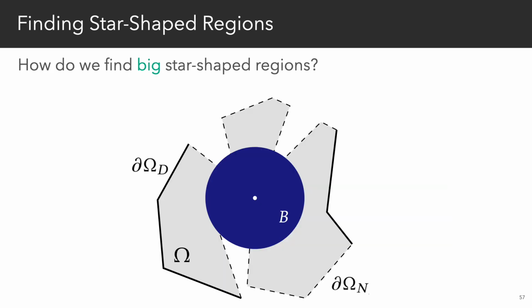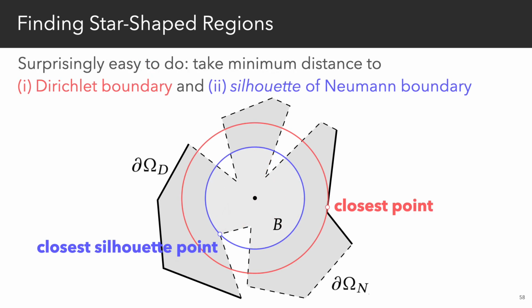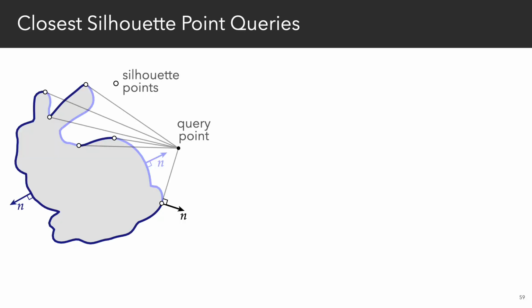Okay, so the final question is, how do we find big star-shaped regions which allow us to take big steps? So this turns out to be easy to answer as well. Rather than just taking the closest point, which is the only thing we needed for standard walk-on spheres, we now take the minimum distance to the closest point on the Dirichlet boundary and the closest point on the silhouette of the Neumann boundary, by which I mean the closest point where normals switch from front-facing to back-facing.